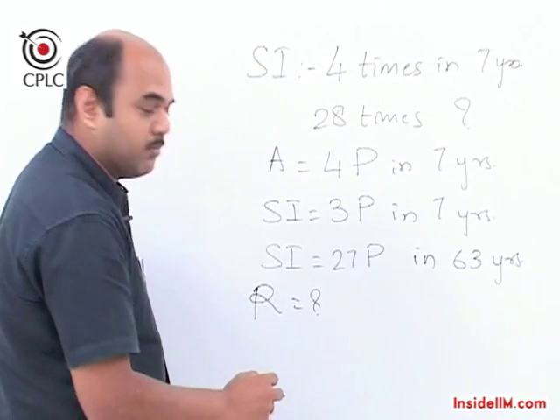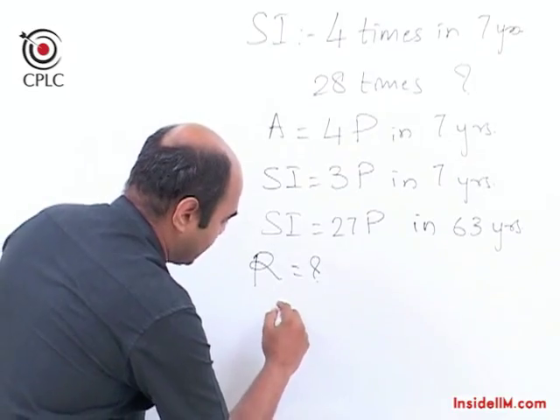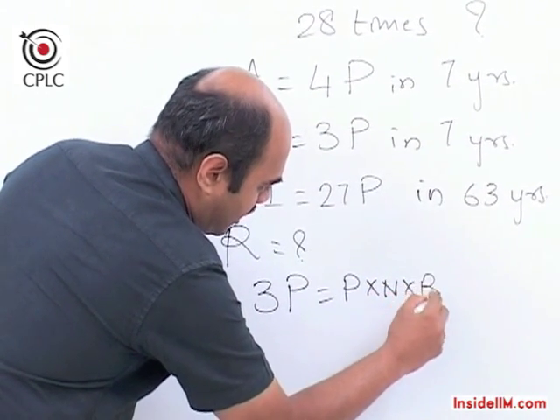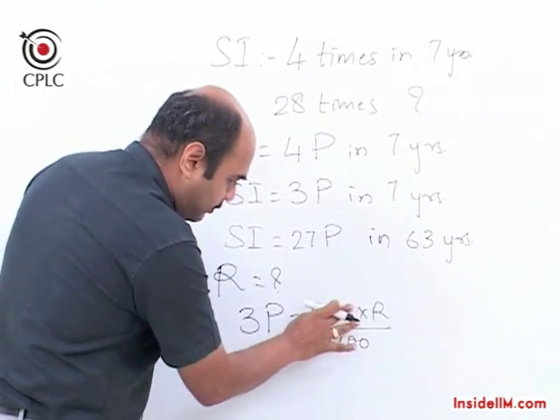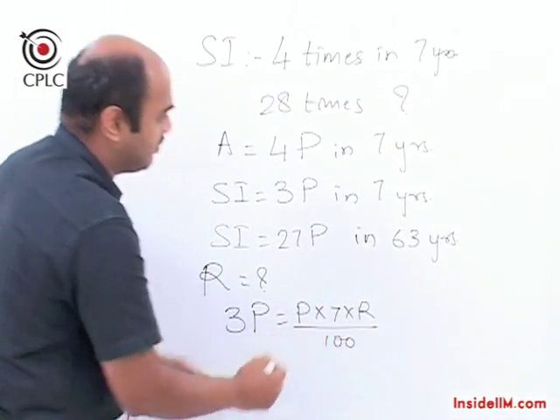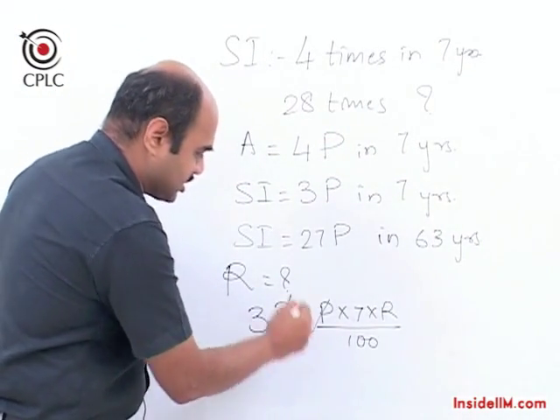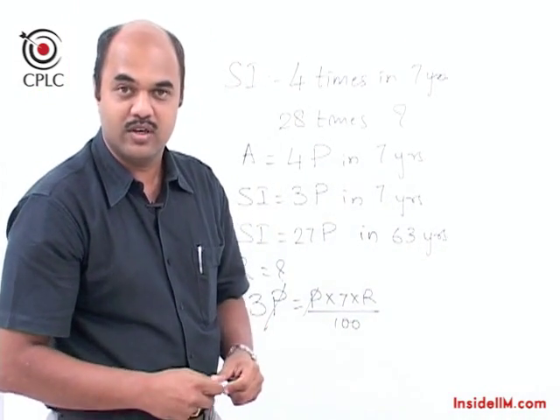And if we use the formula of simple interest, which is PNR upon 100, we would say 3P is equal to PNR upon 100, where N can be replaced by 7 because we've been told it happens in 7 years. Now P cancels off and there is only one unknown, R, which can very easily be calculated.